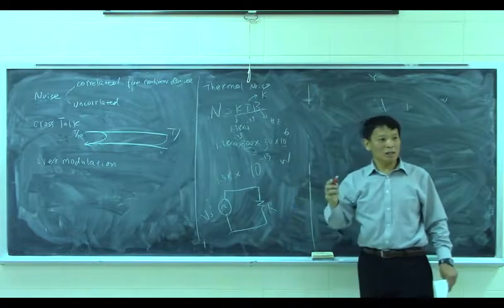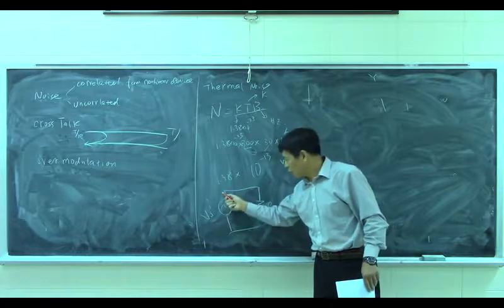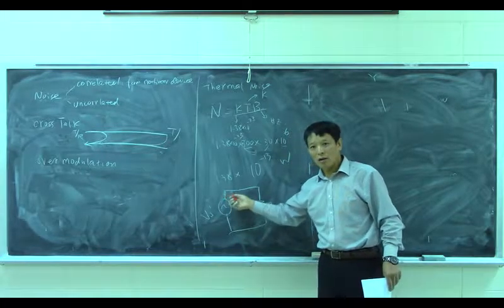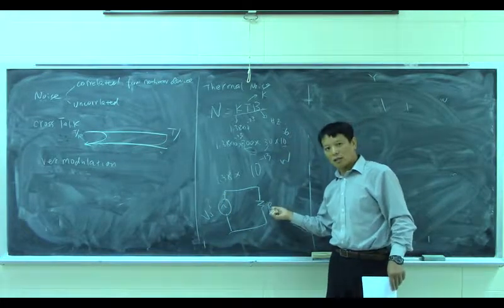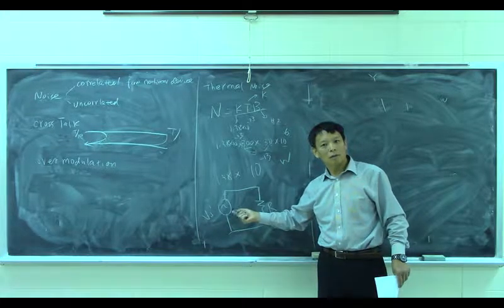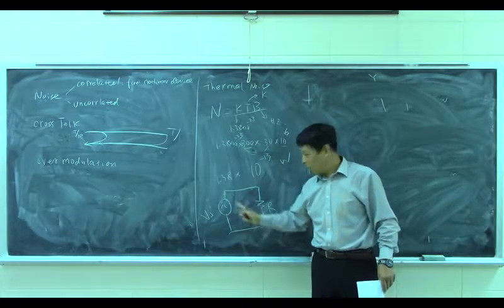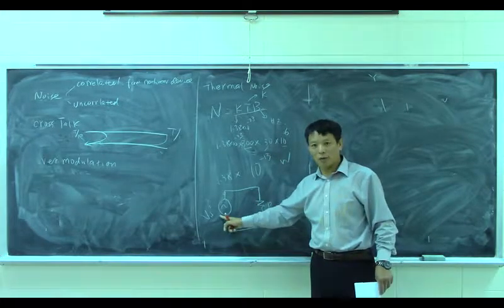In circuit analysis, we know if this is the source, and there's an internal resistance here, the load can get the maximum power when the load equals the internal resistance, right? Or the voltage here equals half the voltage here.